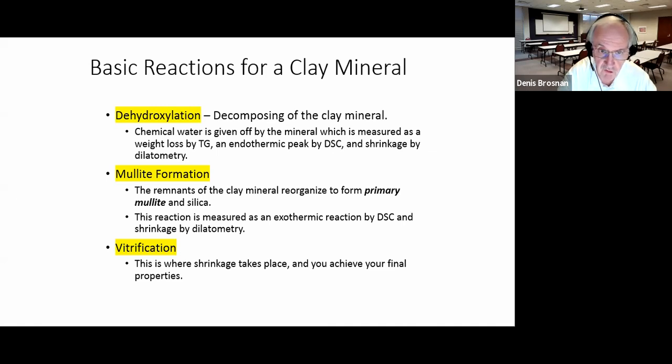And then vitrification takes place. That's the melting that we just talked about, the first and perhaps second liquids that form on firing. We haven't talked about quartz yet. That's very important. Quartz that's going along for the ride. But vitrification takes some of the silica that was present in the clay and perhaps attacks some of the quartz that's present and forms the liquid phase.